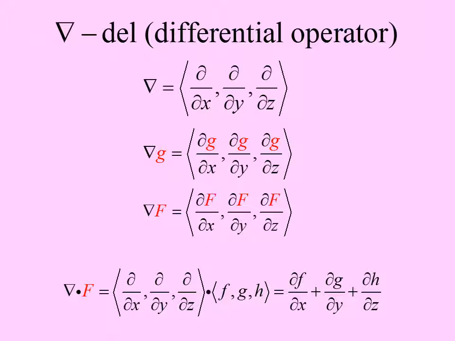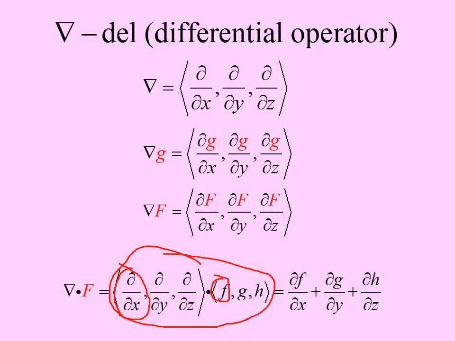Now, if you look at this one, if we take the del and do the dot product with f, here I've got that laid out, del dot f, this is not technically a multiplication. We're not taking this first component and this first component and multiplying them in the sense of the dot product, meaning multiply.